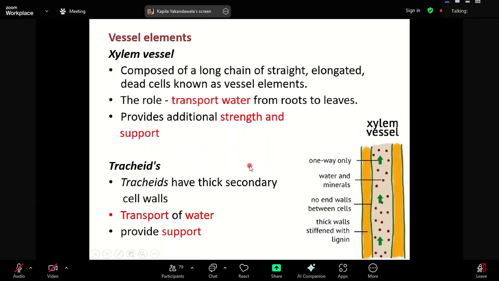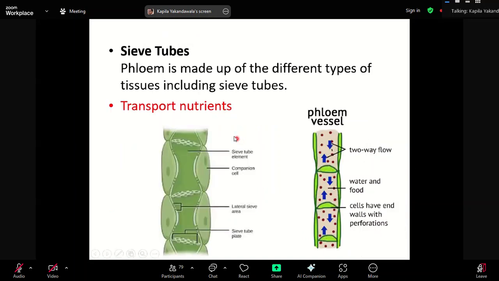Then vessel elements, that is xylem and phloem elements. If you look at xylem elements, they are of two types, xylem vessels and tracheids. They transport water and give strength. These are the xylem vessels. Then sieve tubes.